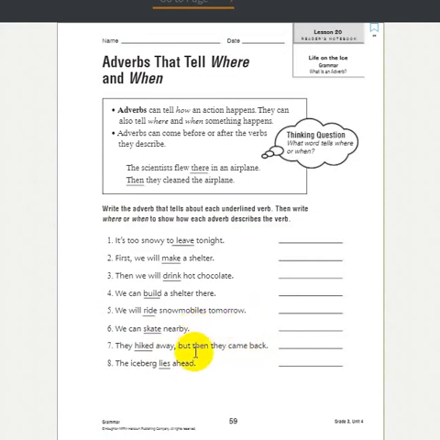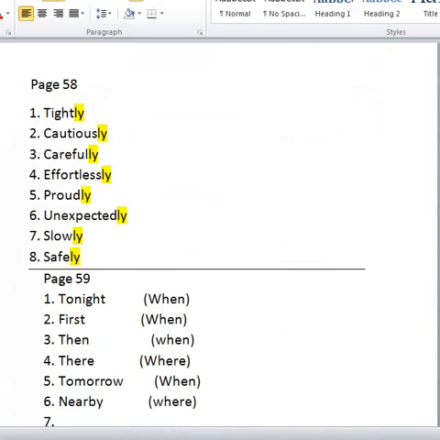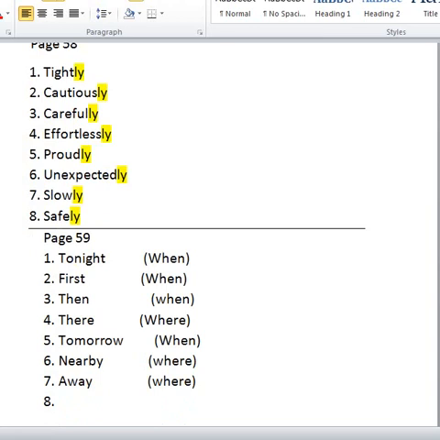So, then is an adverb for came, but the adverb for hiked is away. Okay, and it tells us where. They hiked away, right? Over there. So say away. And that's an adverb of where. Great job. Number 8 quickly.